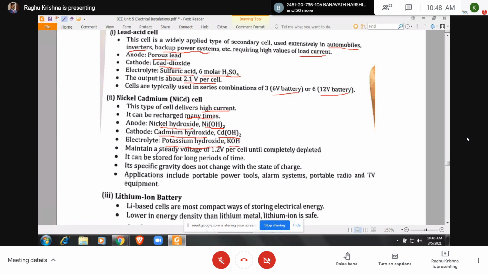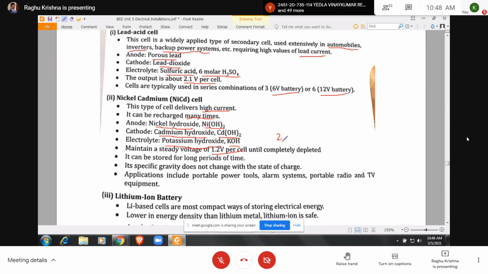Here it maintains a steady voltage of 1.2 volts per cell until completely depleted. When the cell is healthy, the voltage is 2.1 volts or 2 volts.